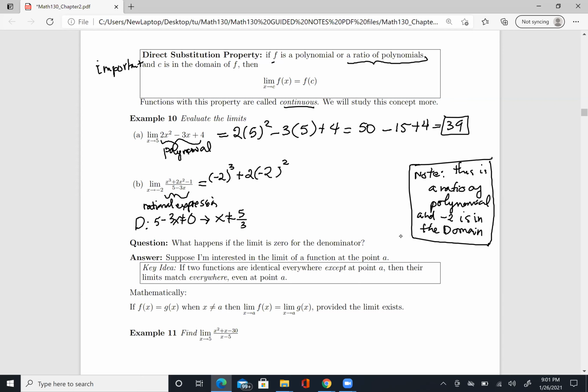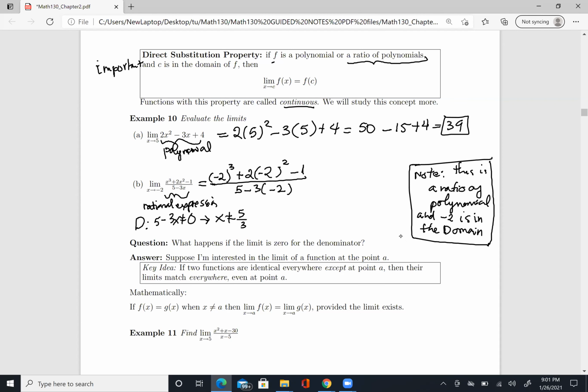Make sure that all the x's now change to be -2. If you forget how to substitute, please focus on this. The bottom is going to be 5 minus 3 multiplied by x, which now changes to be -2.